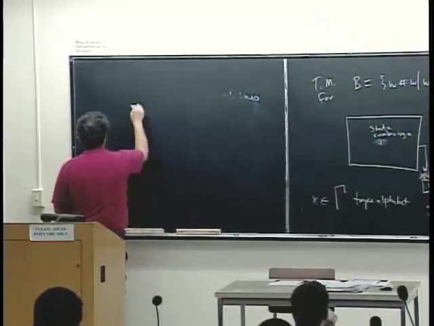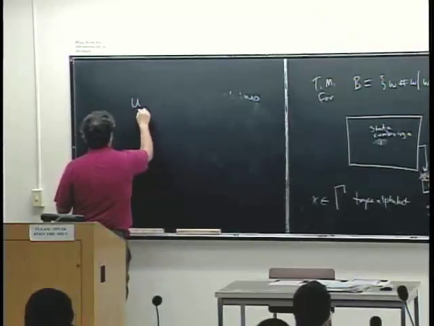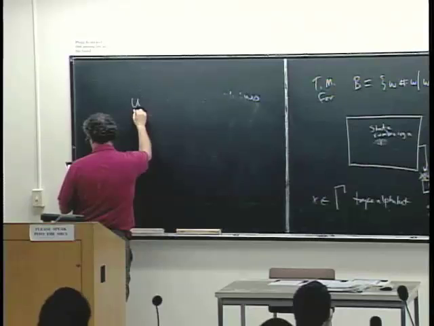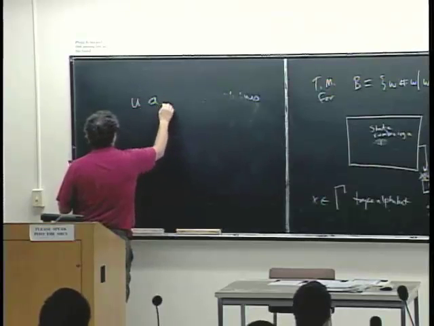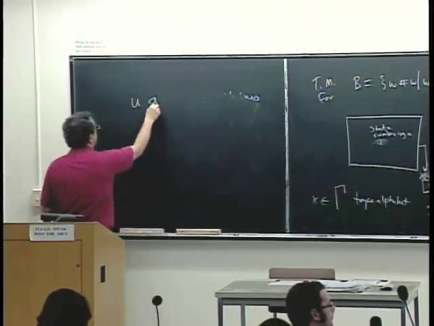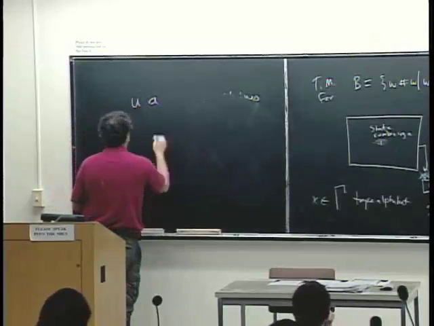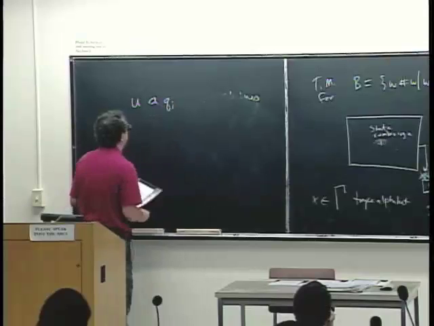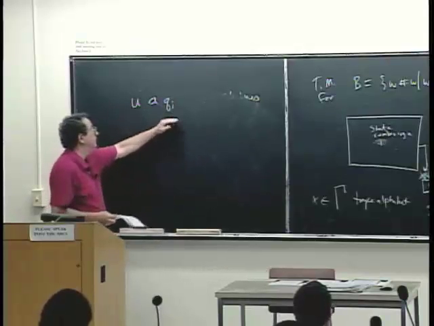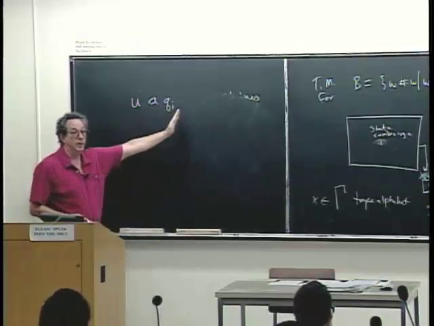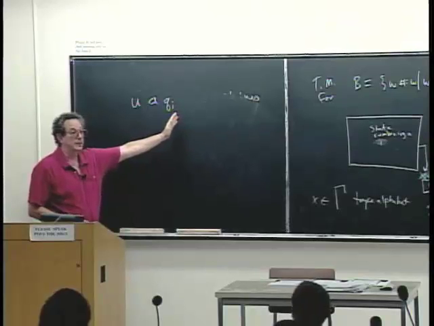Okay, so if U is the part of the tape before the last symbol, which is an A, and you're in QI, so this is the situation where the read head is on the extreme right of the tape, right?